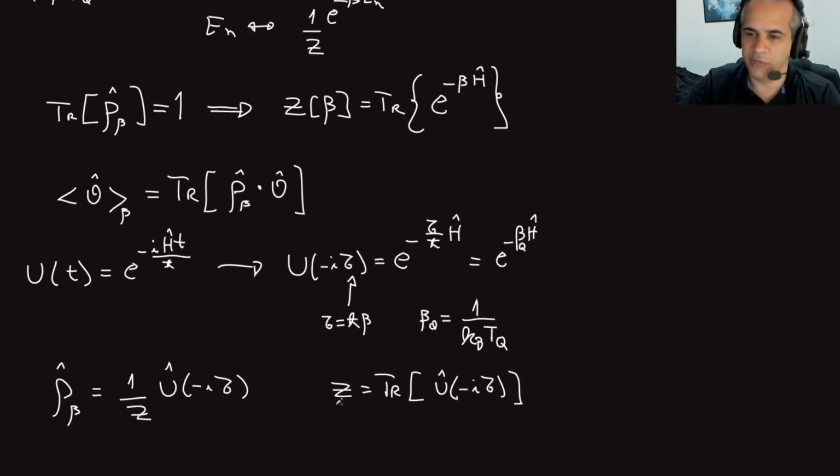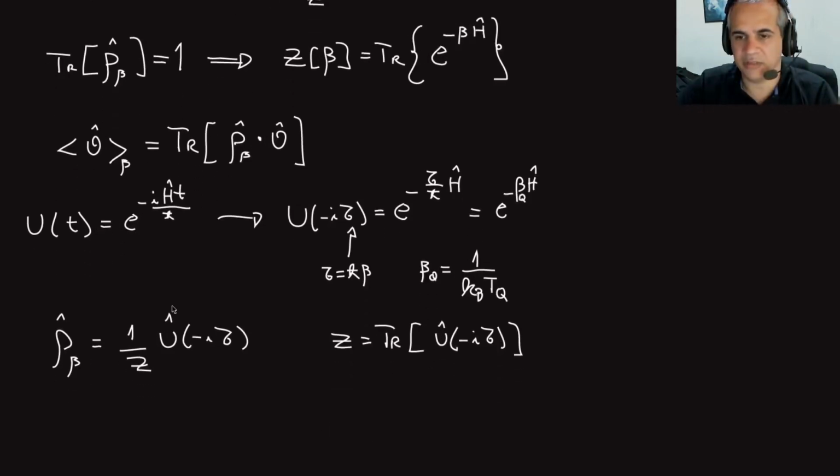So both the partition function and the density matrix are given by this evolution of the quantum states, but in Euclidean time, making this duality between these two theories.